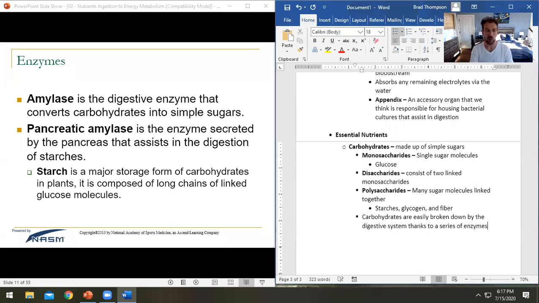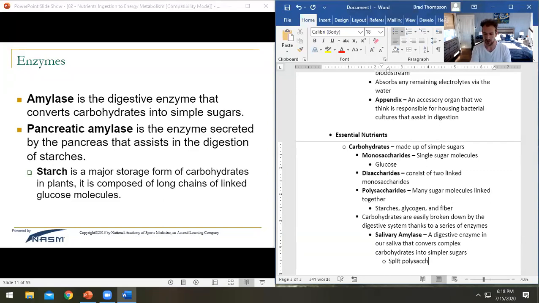The primary one that we talk most about is salivary amylase. Salivary amylase is a digestive enzyme in our saliva that converts complex carbohydrates into simpler sugars.